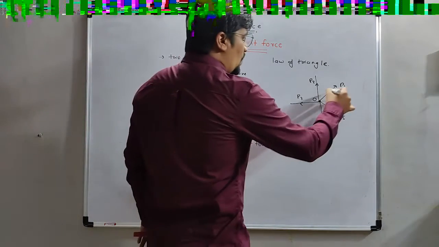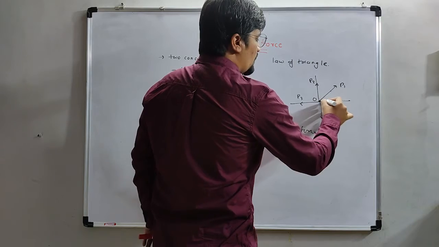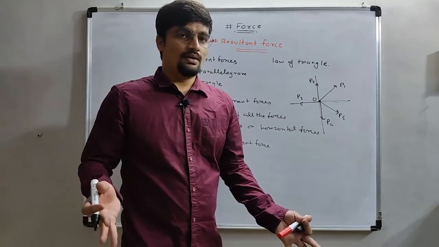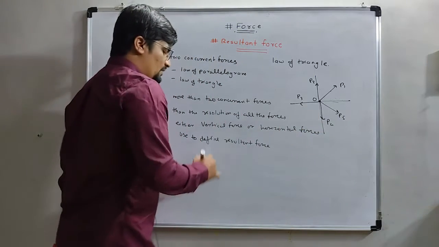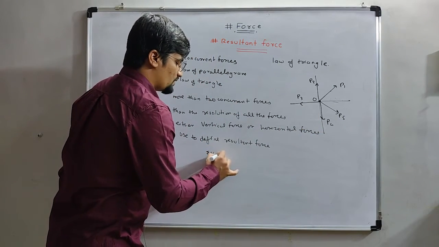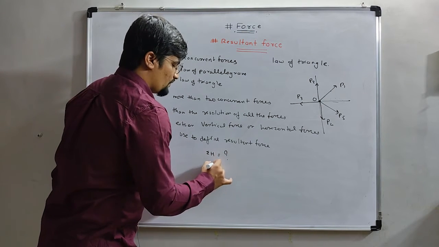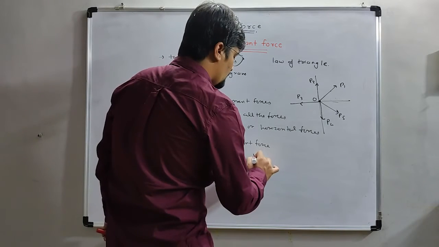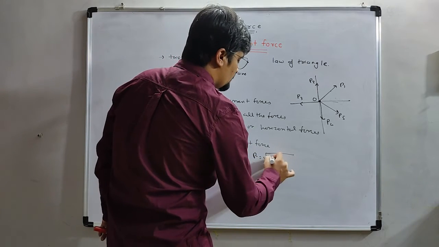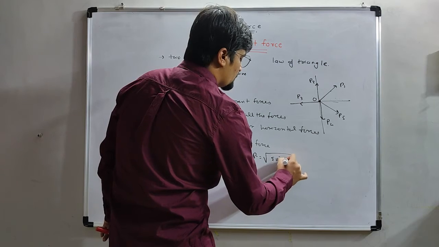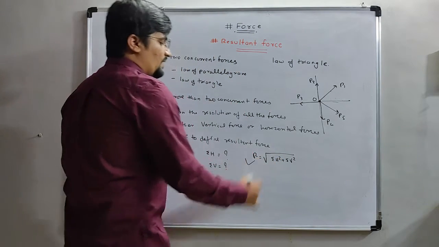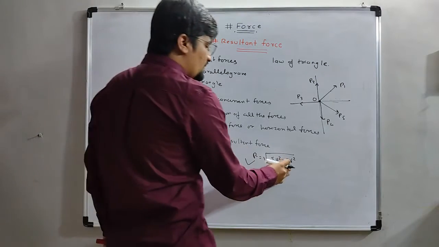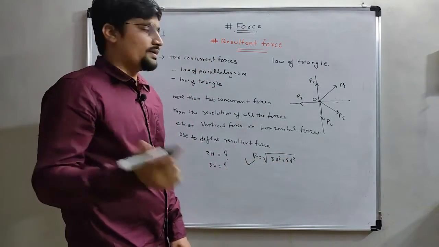So we convert these diagonal forces into horizontal and vertical forces by using the cos theta value and sin theta value, and then we need to find the summation of all horizontal forces and the summation of vertical forces. After that, using the equation of resolution, R is equal to the square root of summation of H square plus summation of V square, we can find the value of R, one single force. By summing these we can find the value of one R.